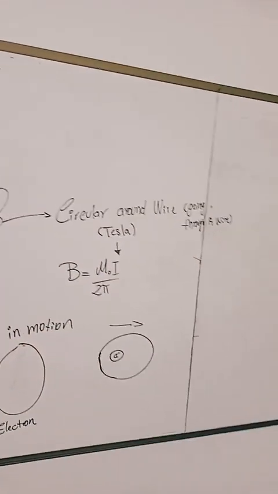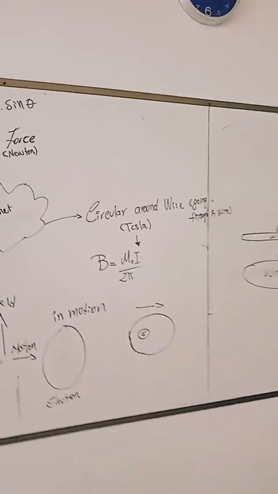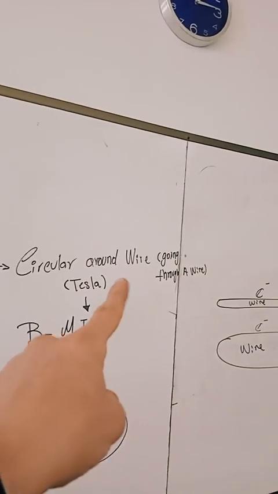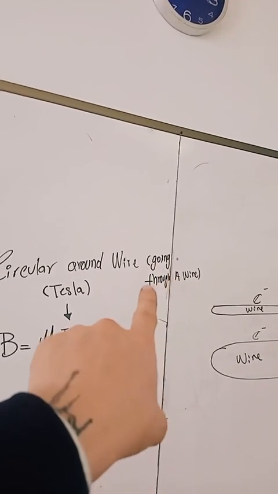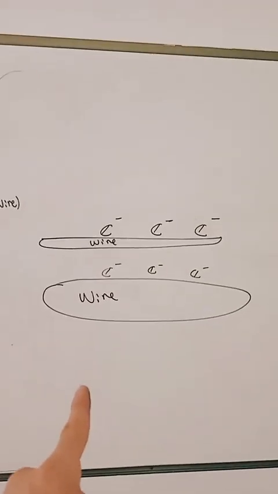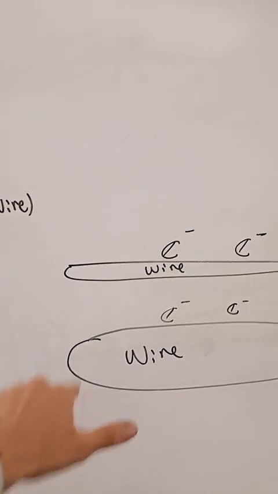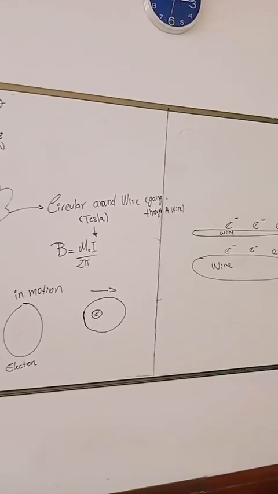Now, let's understand this part. When there is this circular round wire, it means there's an electron going through a wire. This is the wire, a thin wire, and this is a wider one, okay? What do we have to understand here?